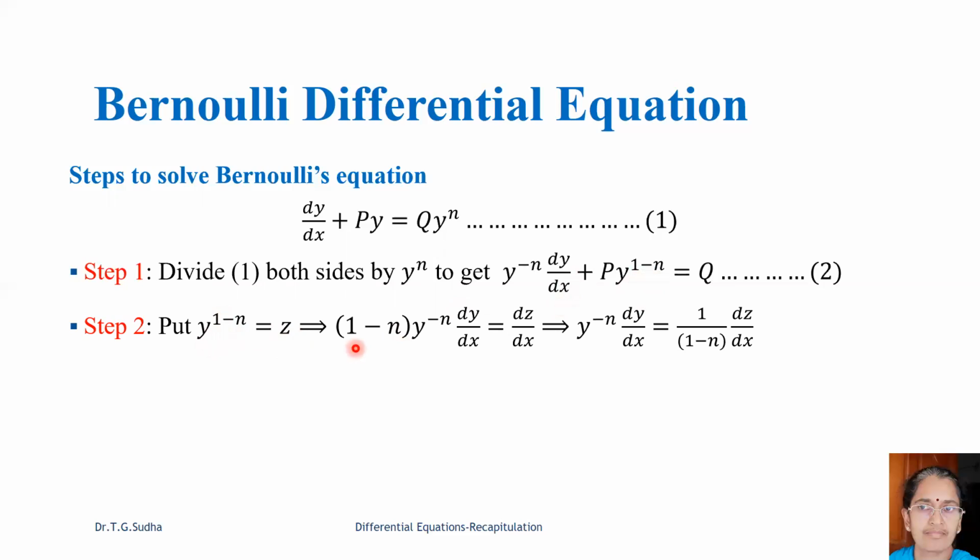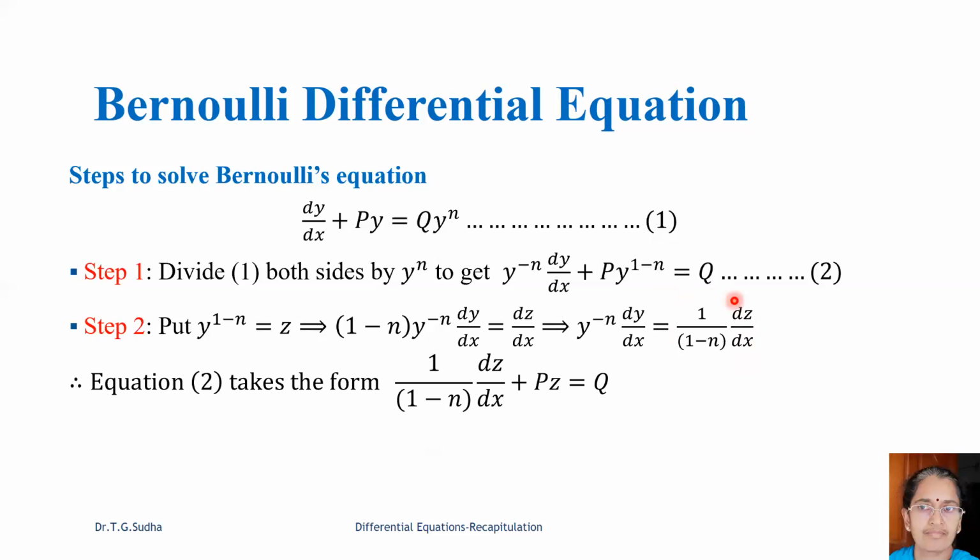And we obtain 1 minus n into y to the power of minus n into dy by dx is equal to dz by dx. But here in the first term, we have y to the power of minus n into dy by dx. So to obtain y to the power of minus n into dy by dx, we shift this 1 minus n to the denominator of the right hand side, and we get y to the power of minus n into dy by dx equal to 1 over 1 minus n into dz by dx.